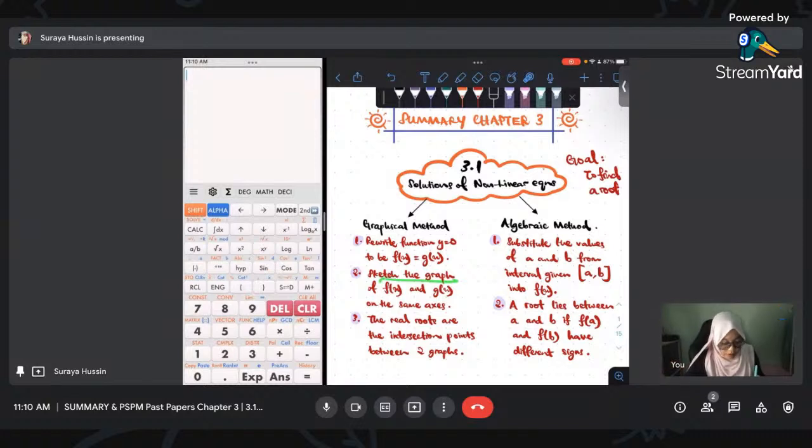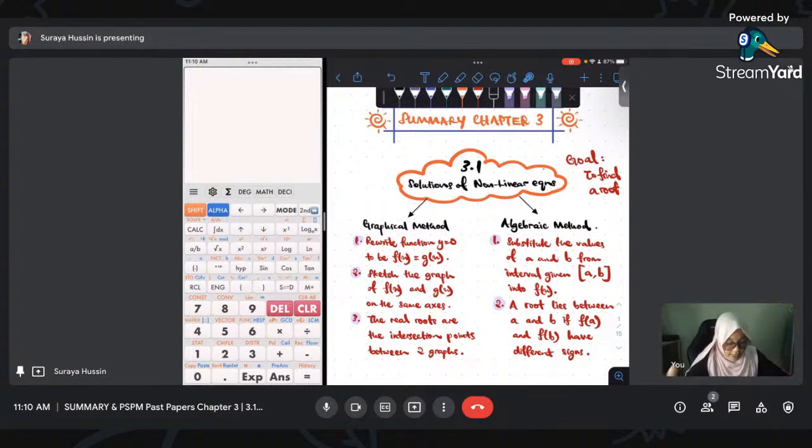And then you sketch the graph, both of the graph. They will be different graph. Contohnya exponent dengan reciprocal function. So you have to be very familiar dengan nama-nama functions, nama-nama graph.